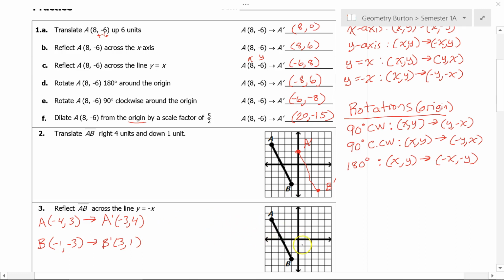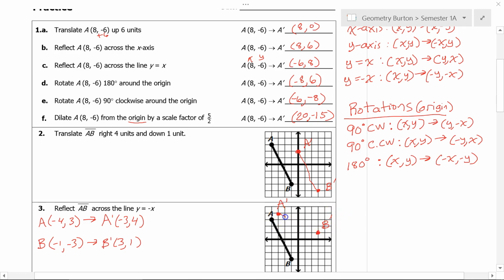So A prime should be at negative 3, comma 4. Negative 3, comma 4 would be right here. So that'll be A prime. B prime is 3 comma 1. So 3 comma 1 would be right here, and this would be B prime.